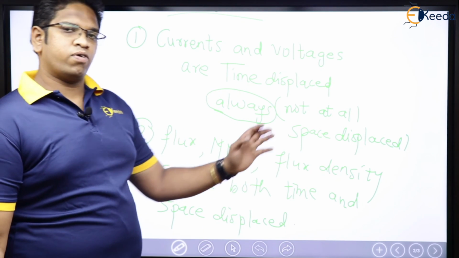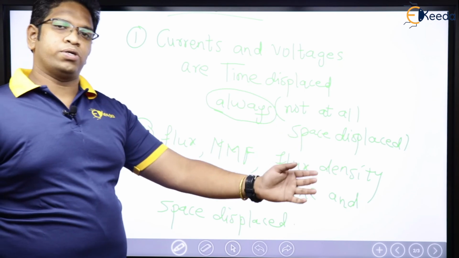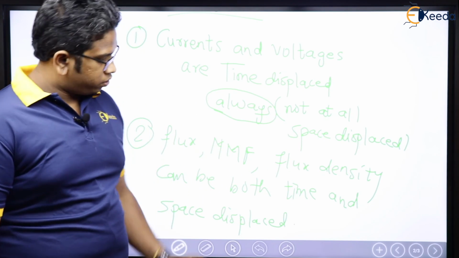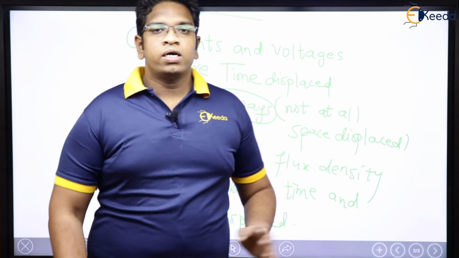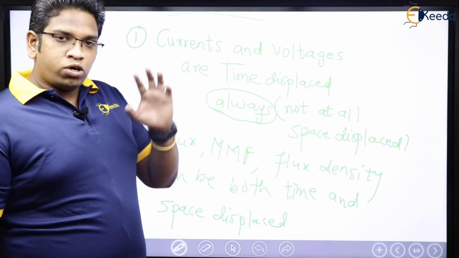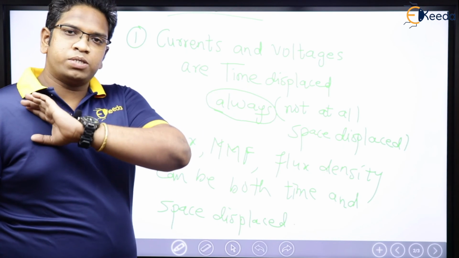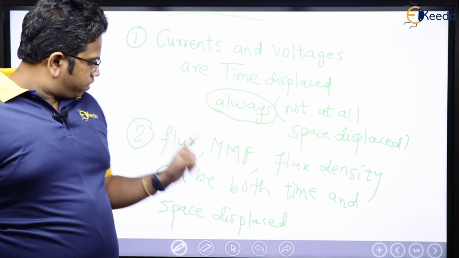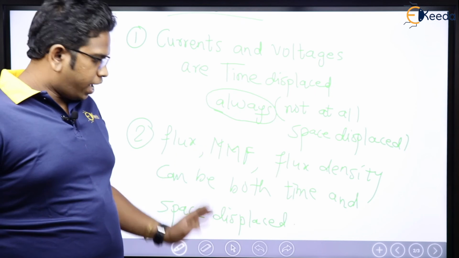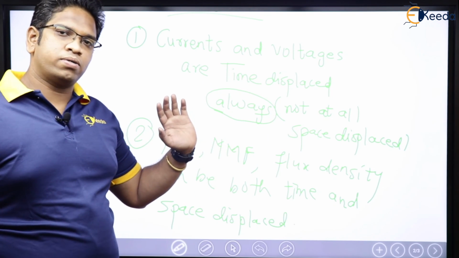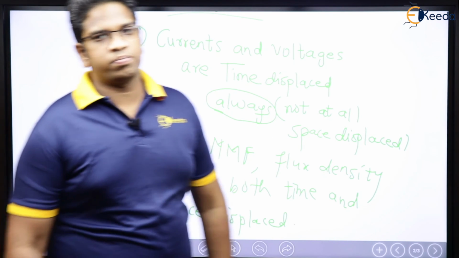It means flux, MMF or flux density can be time displaced, and it can also be space displaced. This is what we have understood. So, in turn, what were the observations? Currents and voltages are always time displaced, whereas flux, MMF and flux density can be either time displaced or space displaced. Thank you.